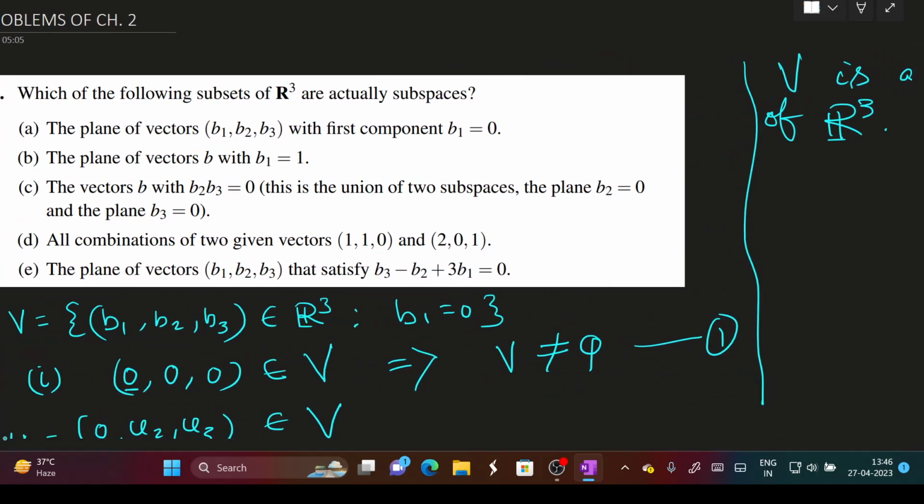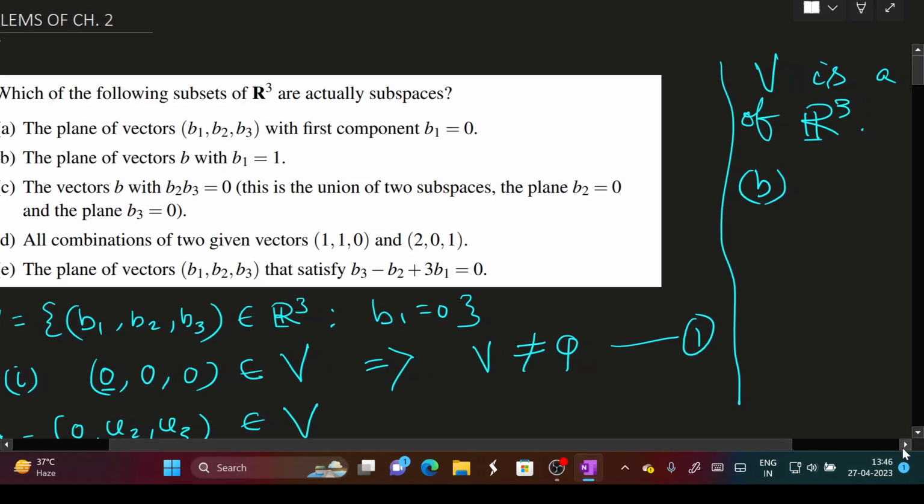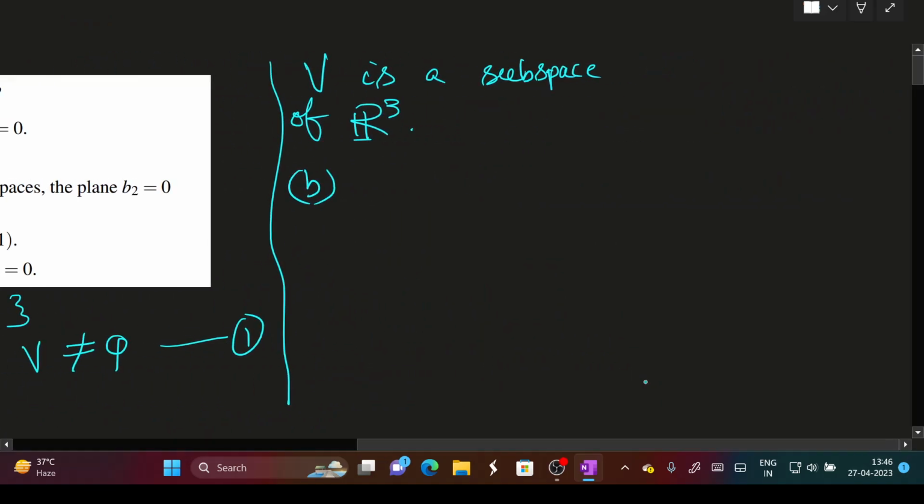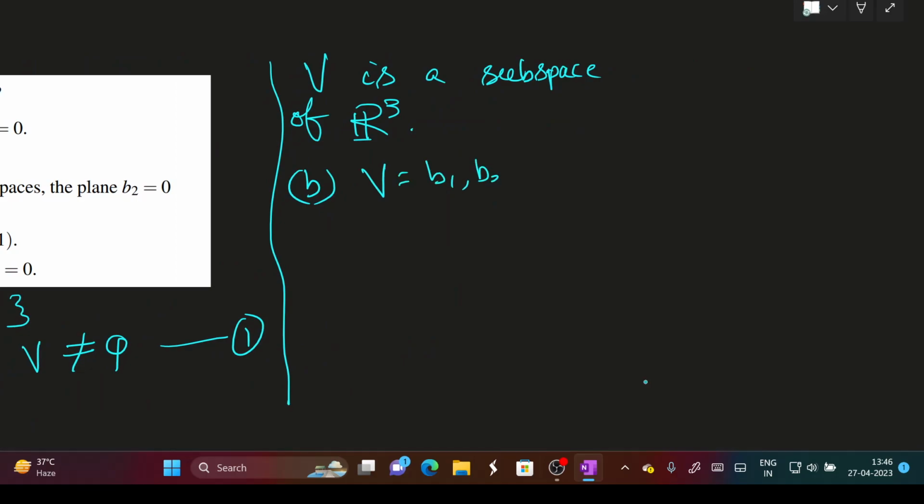So here, question number 2, part b, what is it telling? W is equal to (b1, b2, b3) such that b1 is equal to 1.